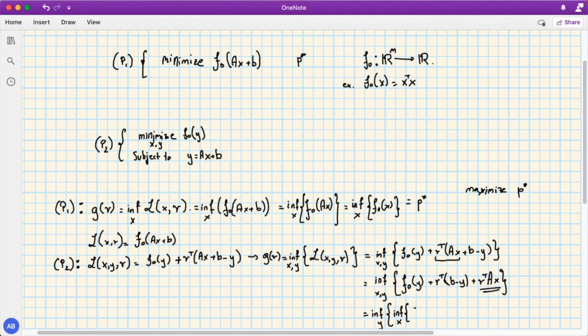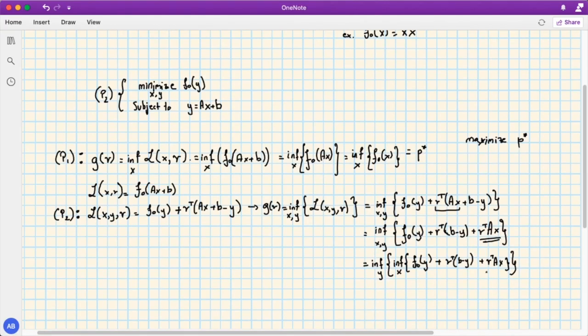So which is f0 of y plus nu transpose b minus y plus nu transpose Ax, right? Okay. Again, since this is the only term depending on x, that means that the infimum with respect to x is only applied on this last term.